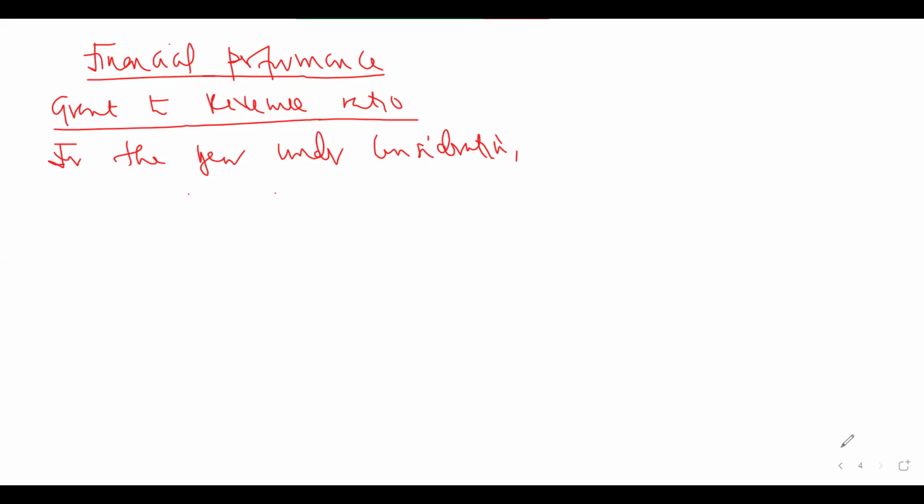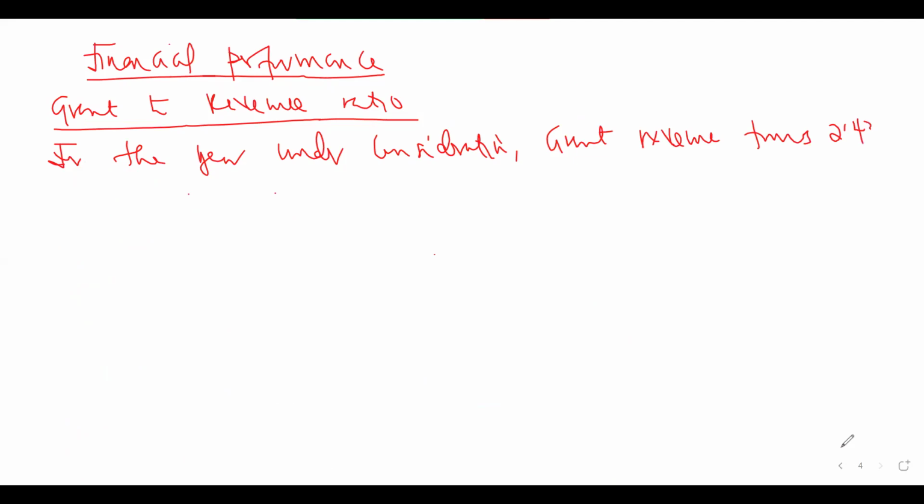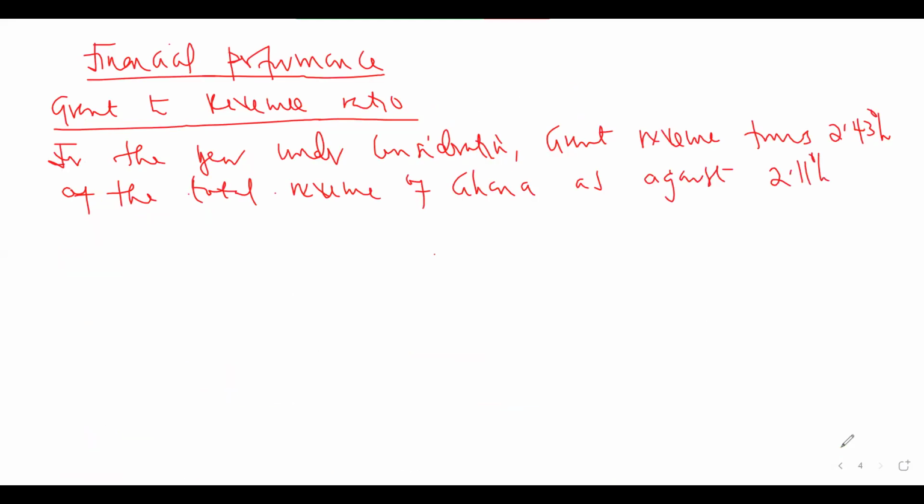For the year under consideration, grants revenue forms 2.43% of the total revenue of Ghana, as against 2.11% of Nigeria.